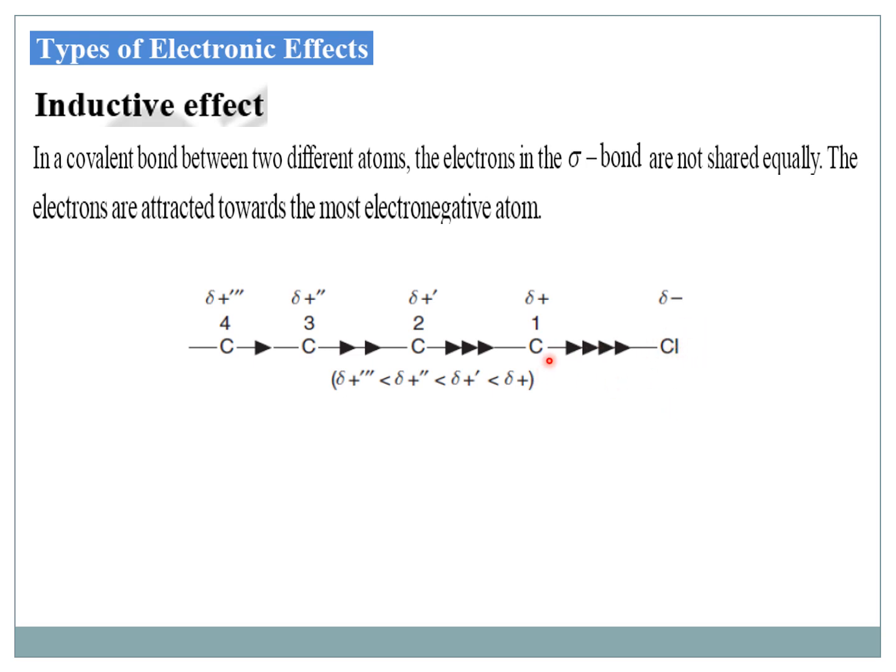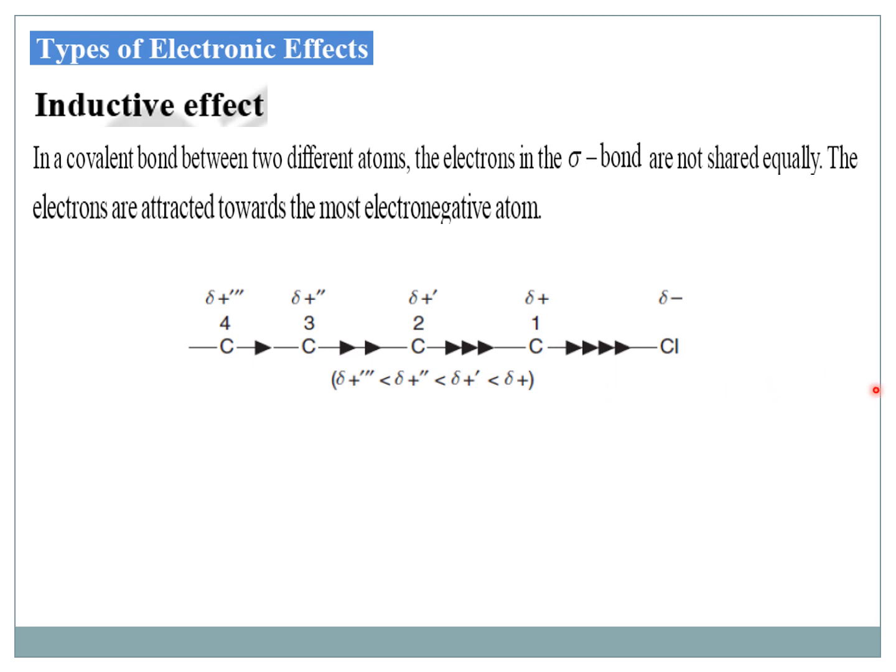Here you see carbon and chlorine. Chlorine is more electronegative than carbon, so the sigma electrons shift more towards the chlorine atom, and therefore a partial negative charge develops on the chlorine atom and a partial positive charge on the carbon atom. So whenever there is an electronegativity difference, the inductive effect arises.